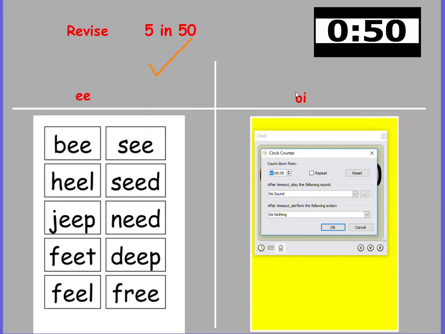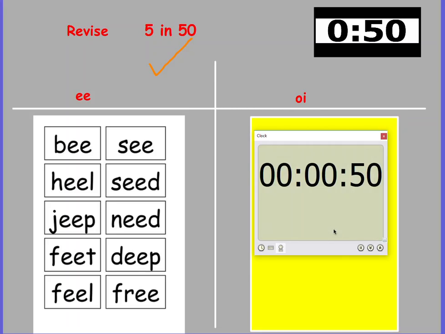So it's the oi sound here that you're looking for. 5 words, off you go. 15 seconds left. And stop. Okay, let's have a look.